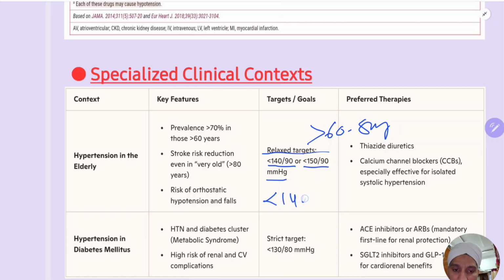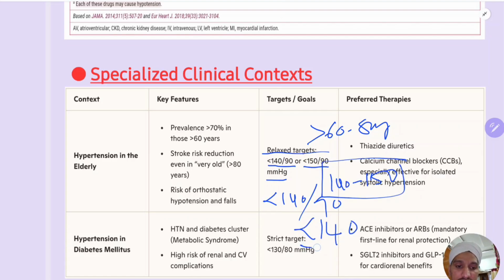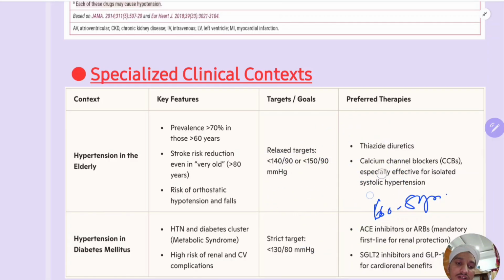If the patient is getting repeated falls, then keep the BP at 140 to 150. So the target is less than 140 to 150. Drugs preferred: thiazide diuretics and calcium channel blockers, especially effective for isolated systolic hypertension.